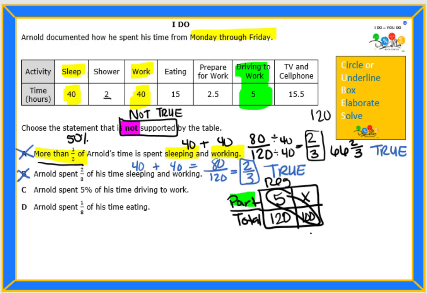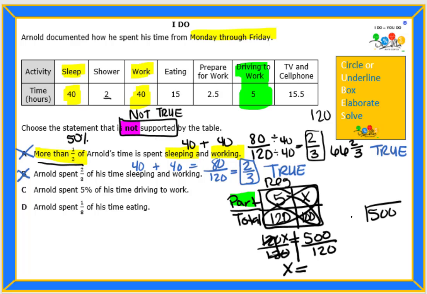5 times 100 is 500. And 120 times x is 120x. So we're going to divide by 120. When we are solving equations, we make sure we do the same thing to both sides. And then 120 divided by 120 is x. And on this side, 500 divided by 120 is going to be 4. That's going to give us 480. We'll have 20 left over, so we'll add a decimal and a 0.